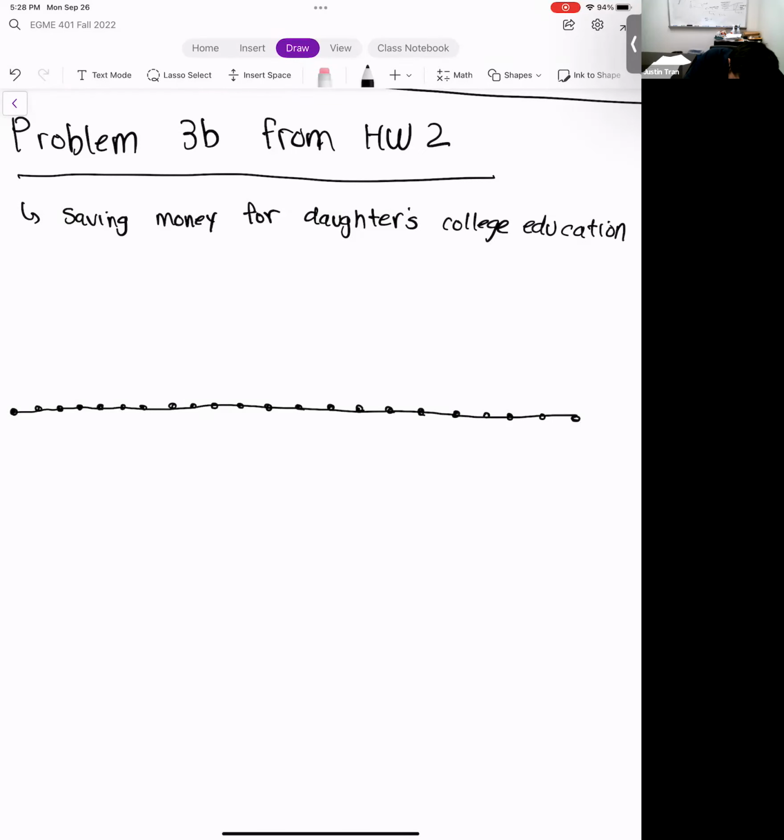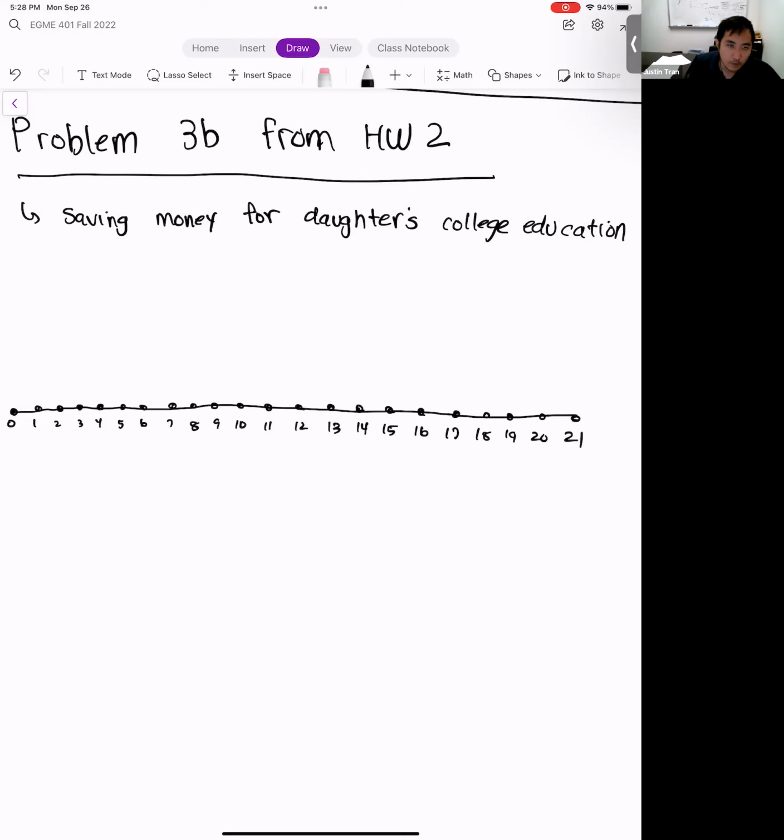Let's go ahead and label these. And so we have 0, 1, 2, 3, 4, 5, 6, 7, 8, 9, 10, and so on. All right, so let's start filling this in.